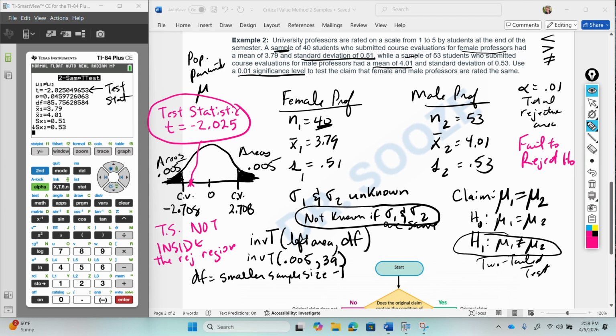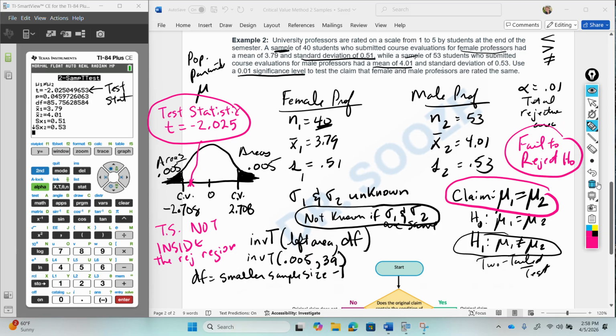Now, if I'm going to come to the wording of the final conclusion, the only thing I need to know for that flow chart is the original claim and whether or not we rejected or failed to reject the null hypothesis.